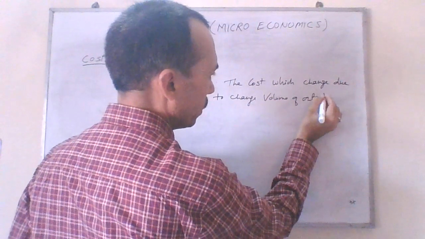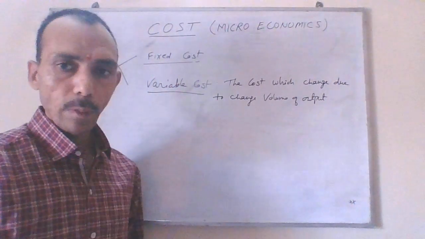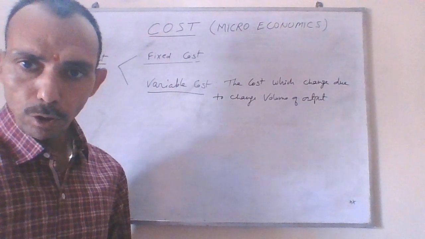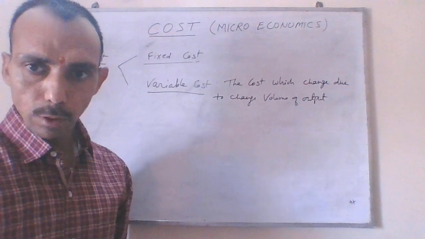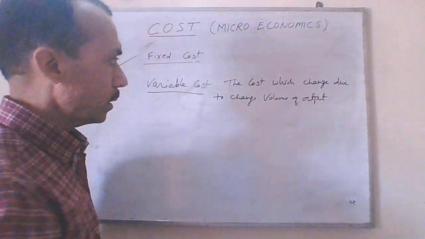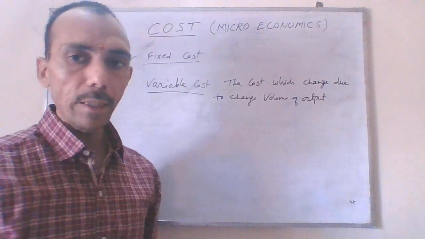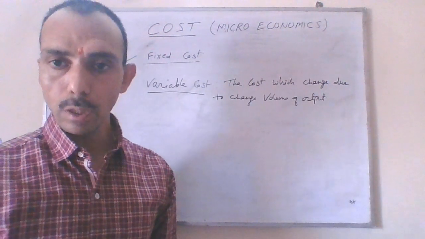As output increases, variable cost also increases. As output decreases, variable cost also decreases. And when the output is zero, variable cost is also zero. It means the variable costs are directly dependent on the output.